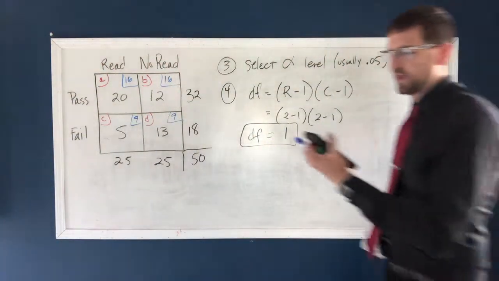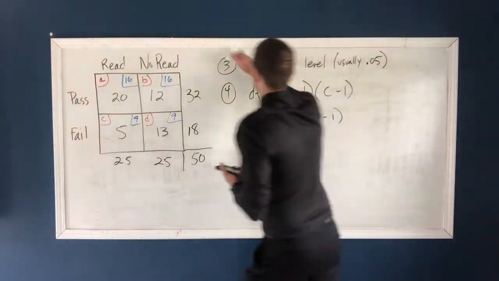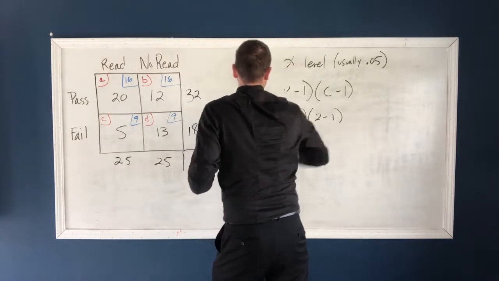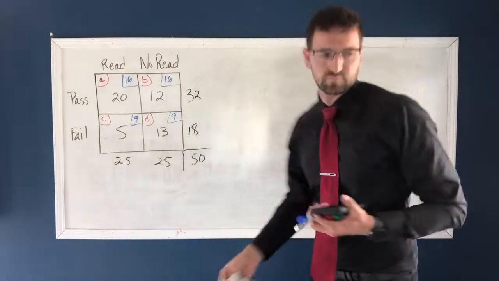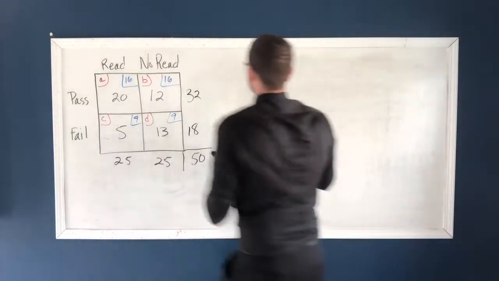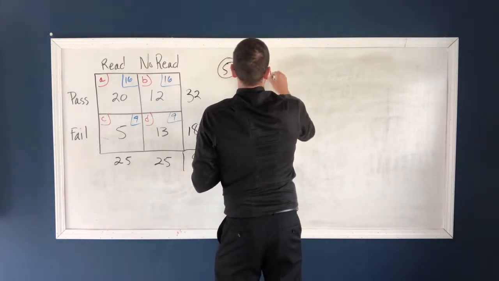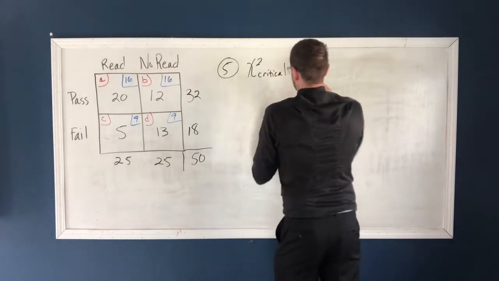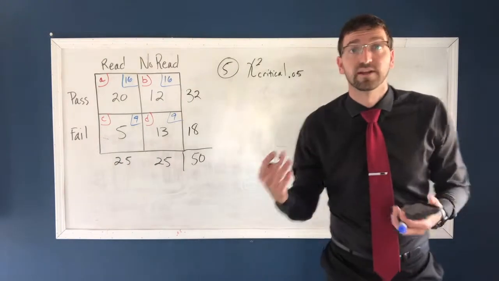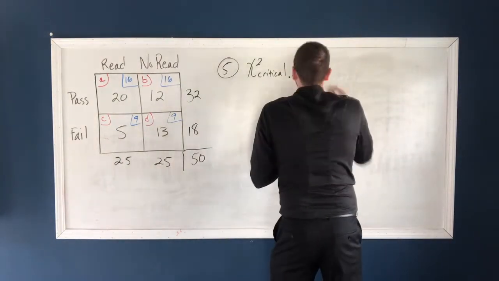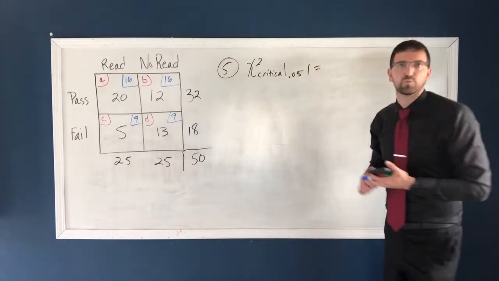Let me go ahead and erase that, and then let's figure out what our chi-squared critical is. So again, chi-squared critical, alpha 0.05 with 1 degree of freedom is going to be what?